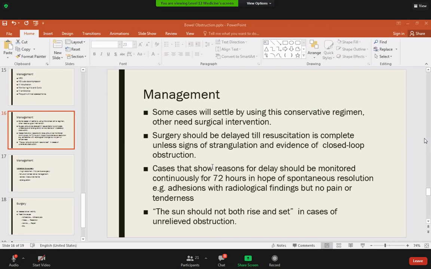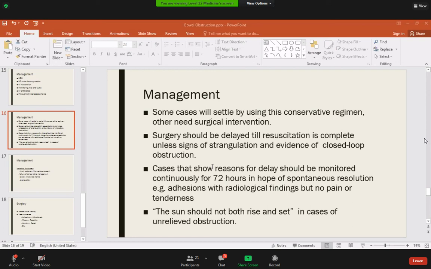Now take the patient for operation. This is for the unrelieved. If the patient shows signs of relief, you can continue for spontaneous resolution till 72 hours. Or sometimes if things are becoming better, you can increase it also.